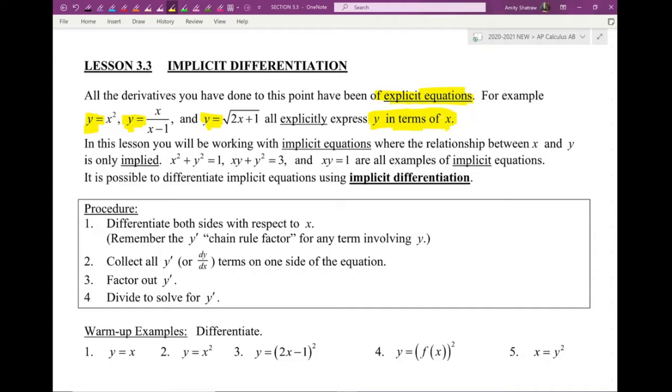But in this lesson, we're going to be working with implicit equations, where the relationship between x and y is only implied. We have not solved for y here. We actually cannot solve for y with that one. And this one, we have not solved for y. This one right here, I'm pretty sure, is the equation of a circle.